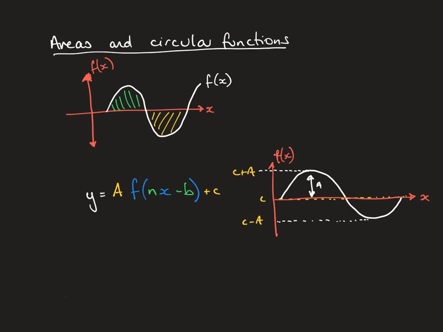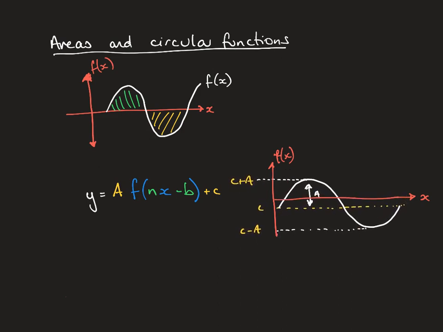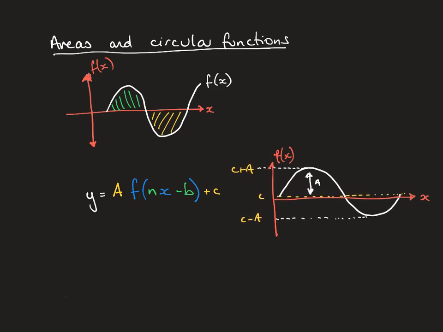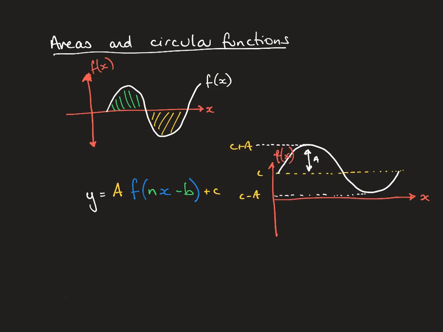So if we think about it in generic terms for our function, our plus c puts our median value, so our middle value that would normally be on our x-axis, as the median value where the graph tips up and down from, and our a value as the amplitude from there up and down. So have a think about, what are the constraints around the values of a and c that you can use to tell you whether something will or won't have x-intercepts.